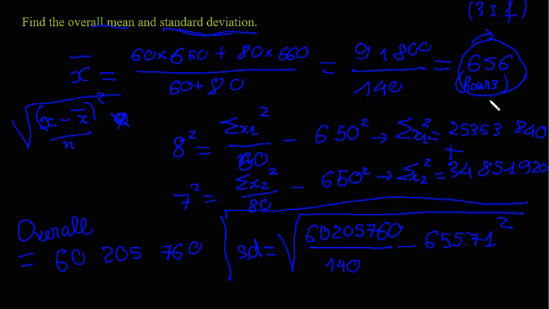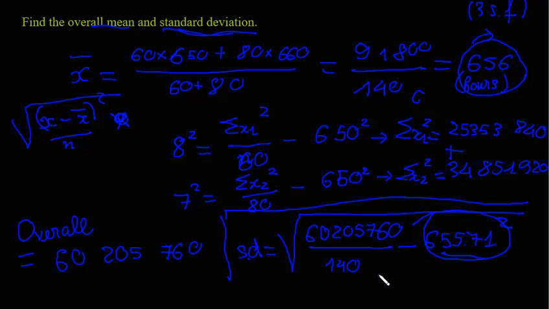Because in order to make our answer as accurate as possible, we take the unrounded value. In the earlier step we rounded to 656, but the actual number we calculated was 655.71. So for the question, I advise you to keep the first 2 decimal places in order to calculate as accurately as possible.